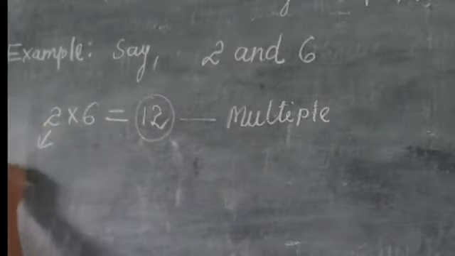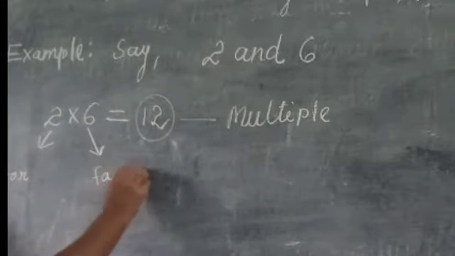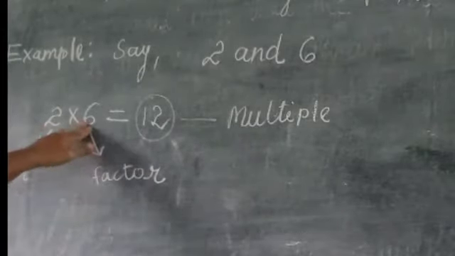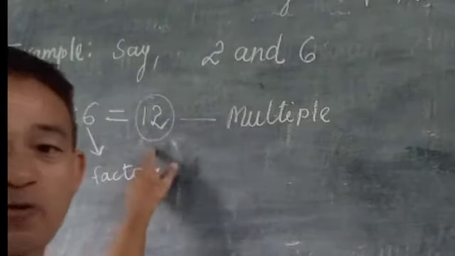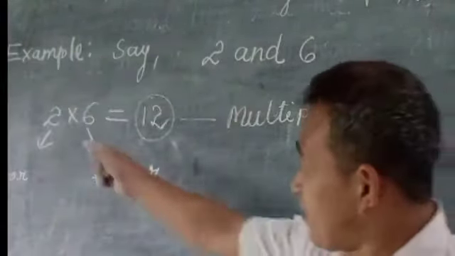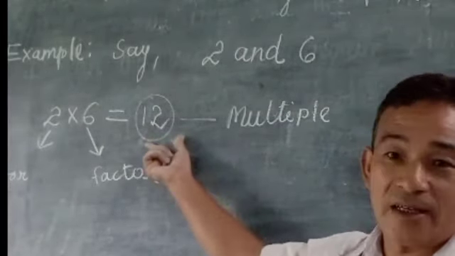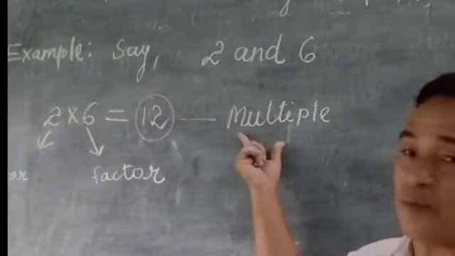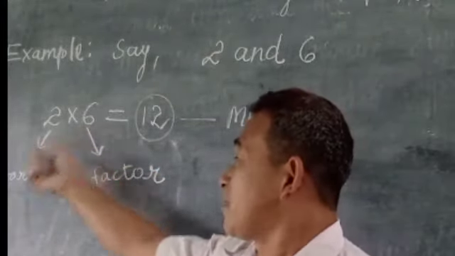This 2 is a factor, and 6 is also a factor. 2 and 6 are factors of this number 12. 12 is known as the product, and it has another name, which is multiple.